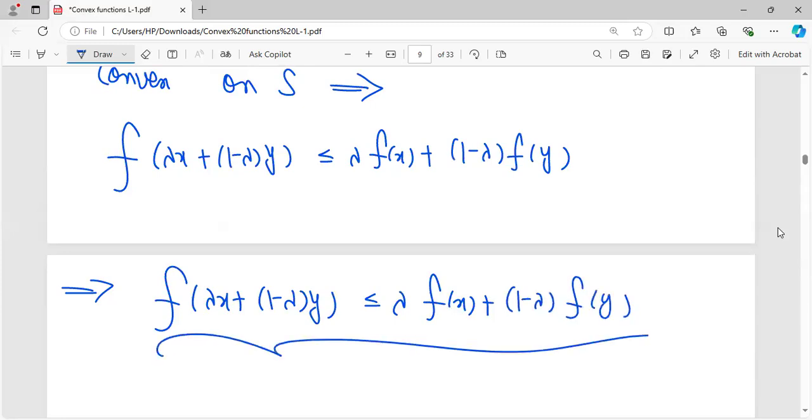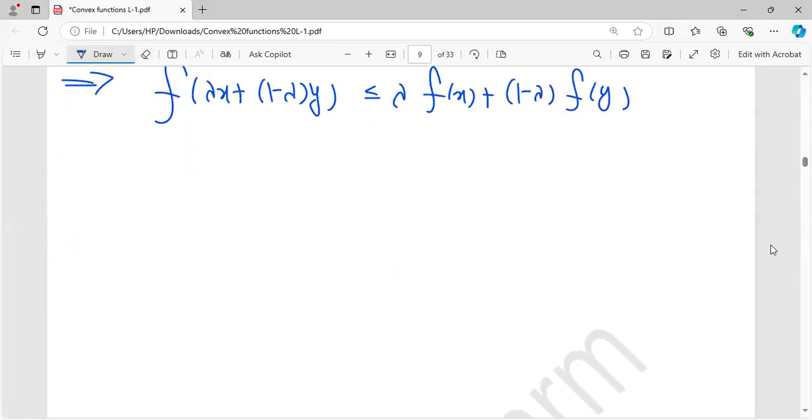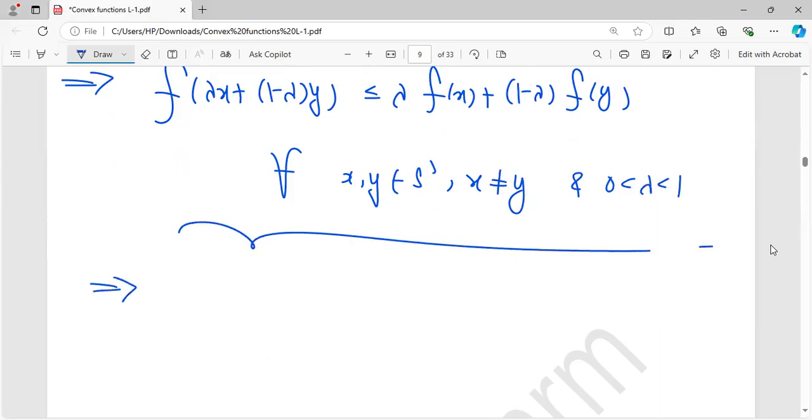But ultimately, where were the x and y? We selected x, y from S dash. So what we have: for all x, y belonging to S dash, x not equal to y, this implies f is convex on S dash. So this is true.